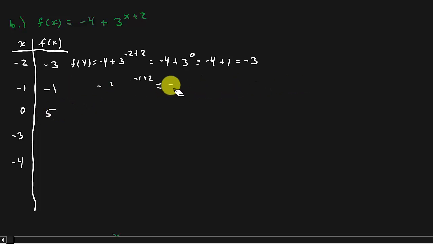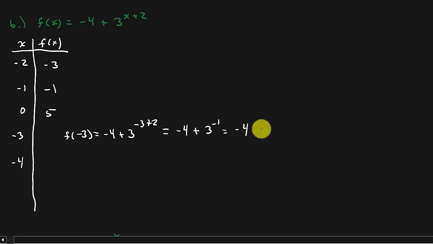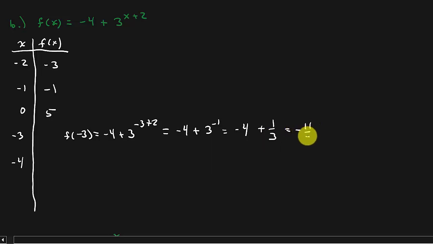All right. Now, I'm not going to plug them all in, but I did those so you can see, and I'm going to have to erase that so I can draw the graph anyway. Let's just go ahead and plug the -3 in. So f of -3 is -4 plus 3 to the -3 plus 2, which is 3 to the -1, which is -4 plus 1/3. Now we've got a fraction here, so that's -4 plus 1/3, and that is going to give us -11/3.